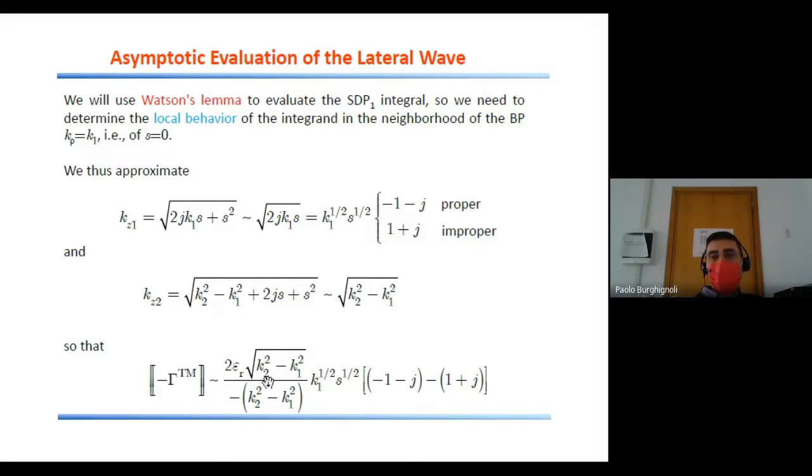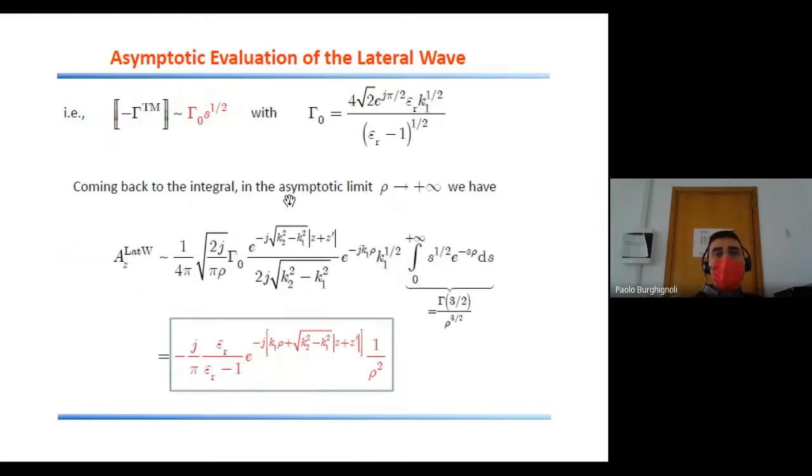Okay, if we replace those wave numbers inside the expression of the folded reflection coefficient, what you get is this thing here reported at the bottom. And now this thing can be written more compactly as some constant gamma 0, whose expression is reported here, times s^(1/2). Now this is the information we need.